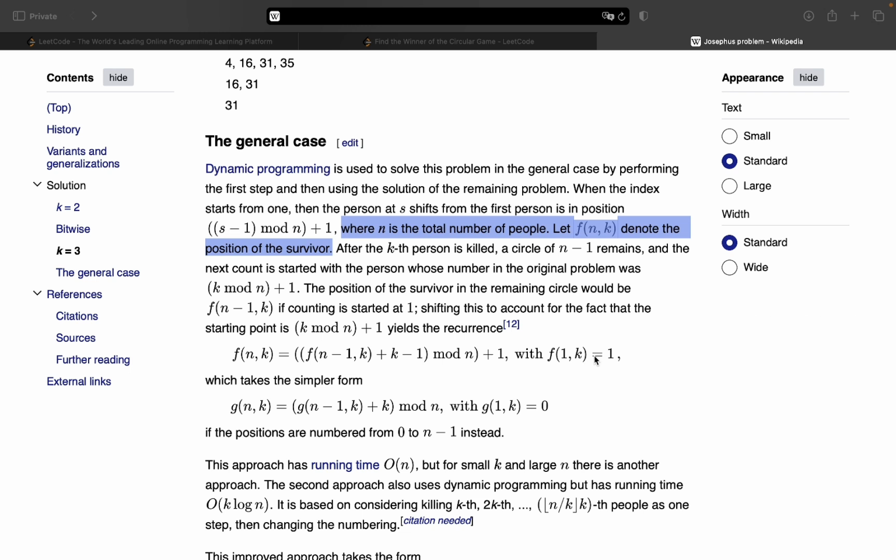So we can simplify this to be written as g of n given k equal to g of n minus 1, with n minus 1 remaining in the circle given k count, plus k mod n.